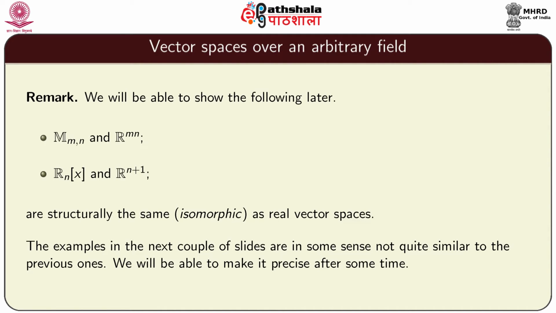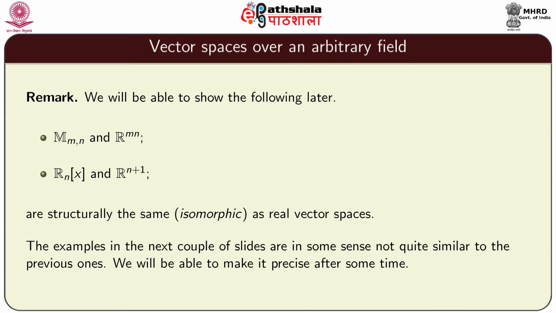Similarly, Rn[x], that is the real vector space of polynomials up to degree n, and R to the power n plus 1, that means the collection of all real n plus 1 tuples, are again structurally the same or isomorphic as real vector spaces. So, you have to wait for the formal definition of isomorphism, but you can sort of make a guess why we call them structurally the same.